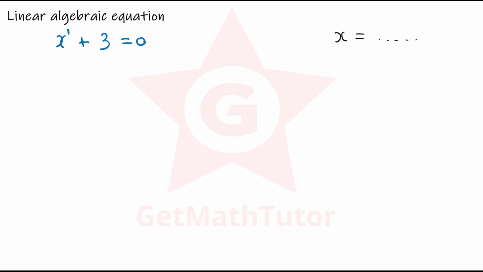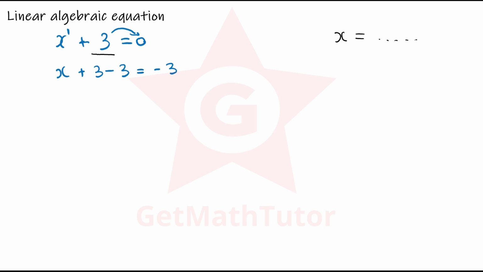Now, I see here that there is only one term, which is 3, that is being added to x. So all I will do is to remove 3 from this side and move it to that side. I will subtract 3 from both sides. Okay.